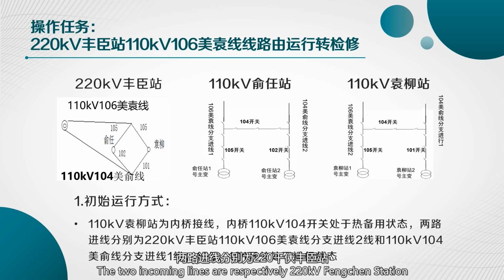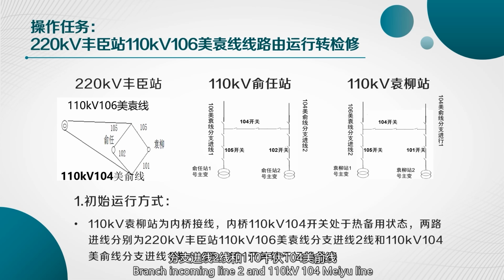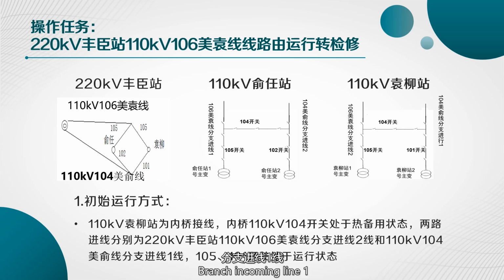The two incoming lines are respectively the 220 kV 丰城 station 110 kV 106 million line, branch incoming line 2, and the 110 kV 104 million line, branch incoming line 1. The 105 and 101 switches are in the running state.